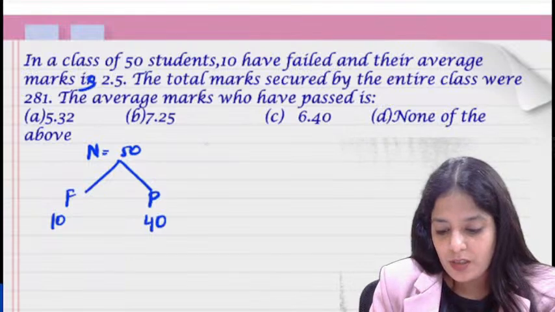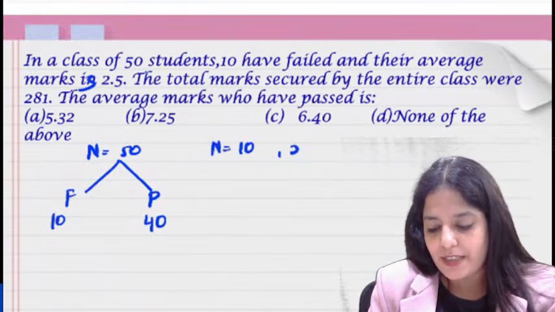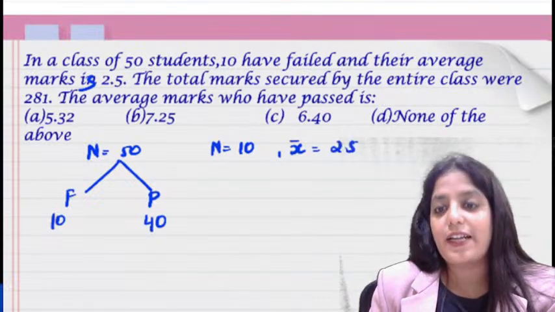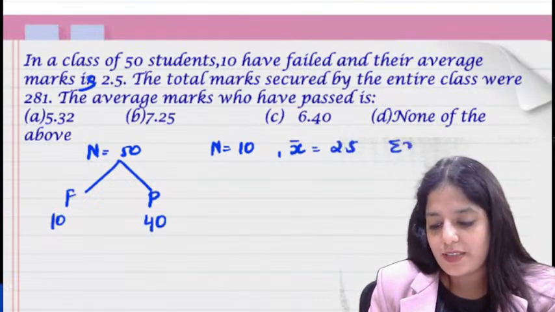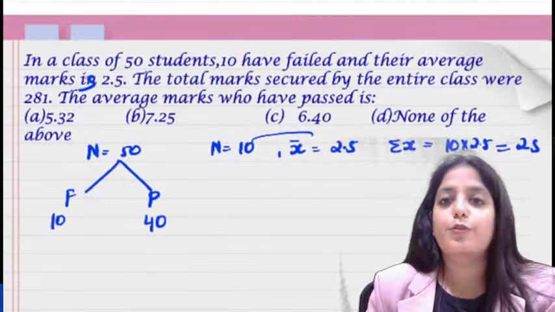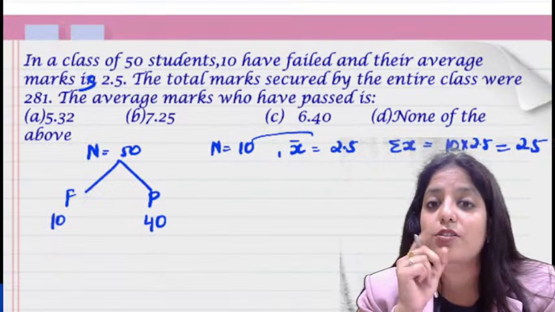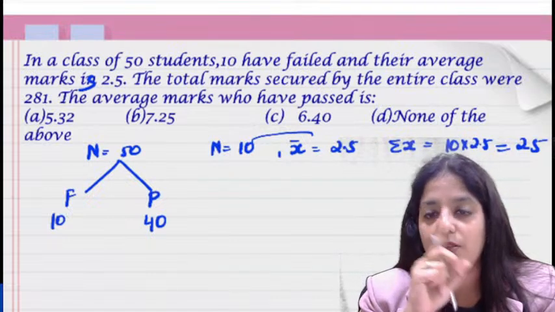When n is equal to 10, we have x bar as 2.5. So what would be sigma x? Simply multiply them: 10 into 2.5 is 25. So 25 is the sum of the marks scored by these 10 students.